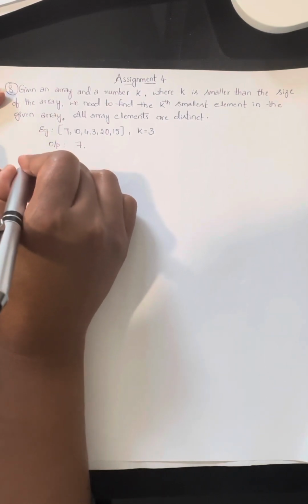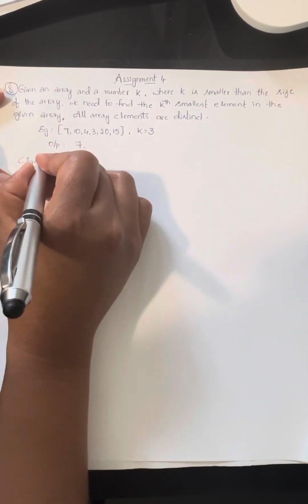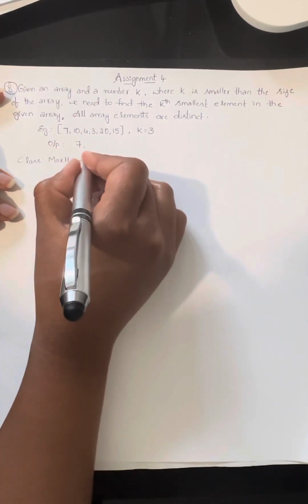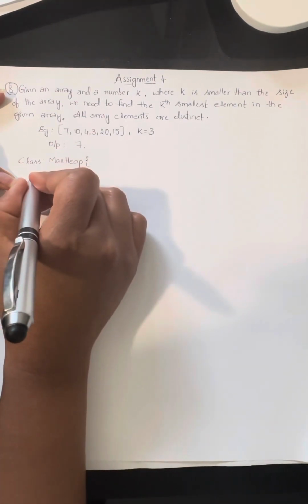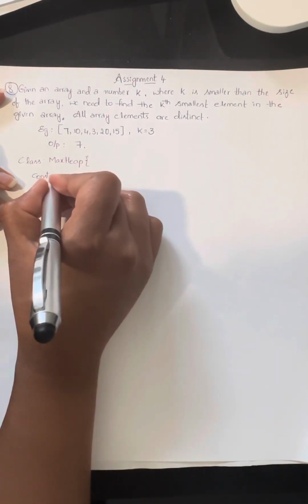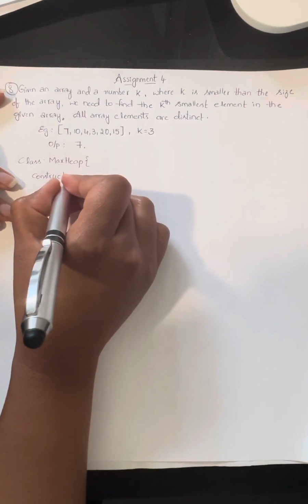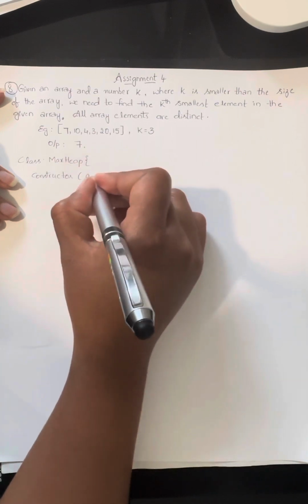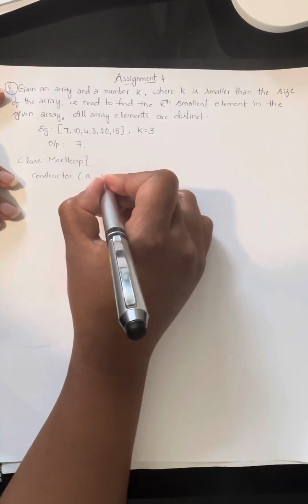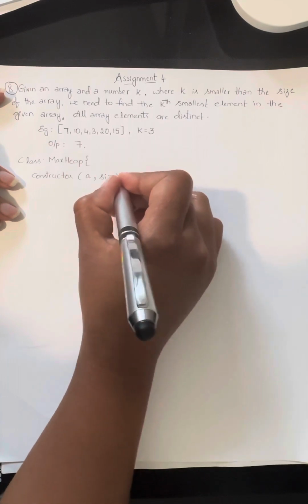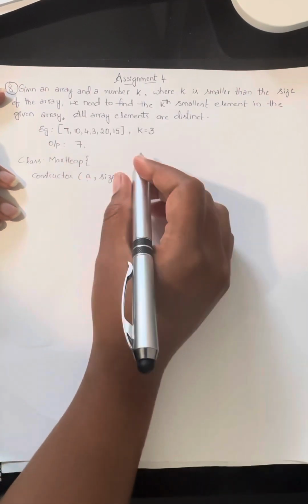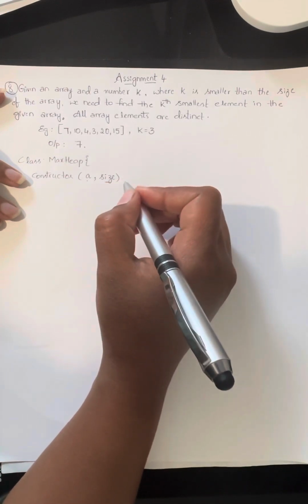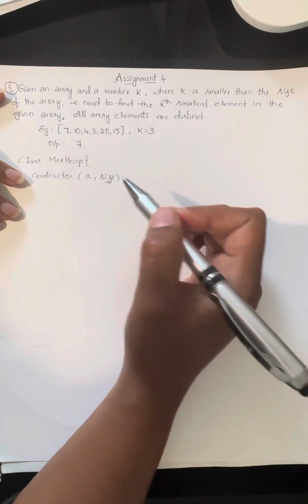For implementing the Maxheap, first I'm going to write the class for Maxheap, and in order to take the parameters, I'm going to use the constructor which takes in array and size. So I'm assuming A as the array, and k size is the number of elements that we are going to implement the Maxheap for.